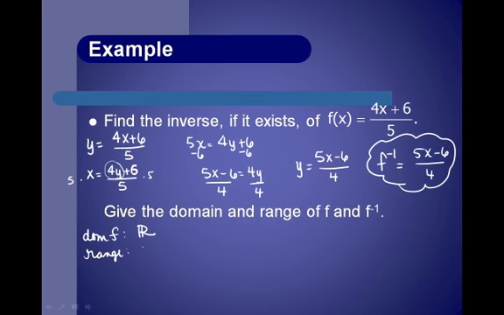The range of f, same thing, is going to be all real numbers. So then we can say the domain of f inverse is all real numbers, and the range of f inverse is going to be all real numbers.